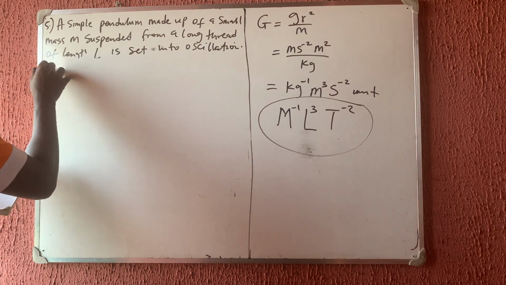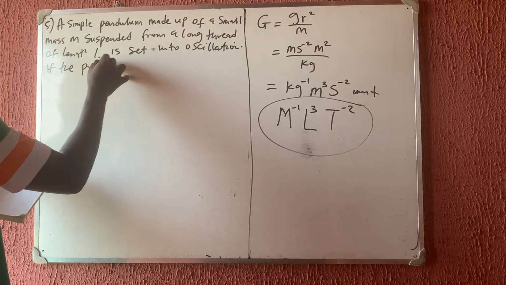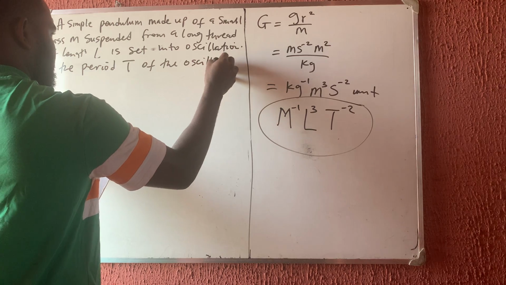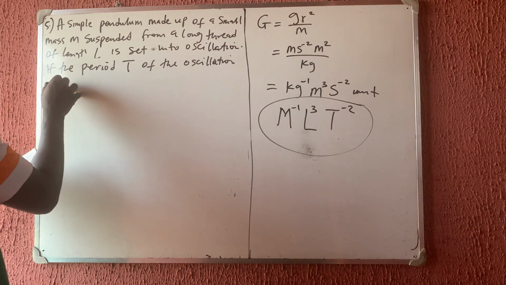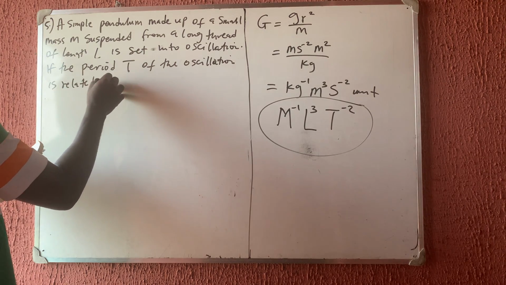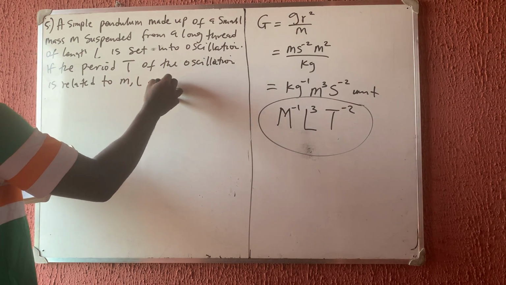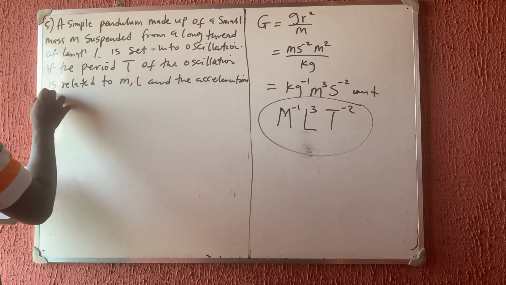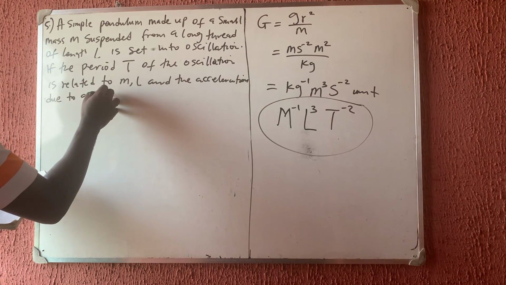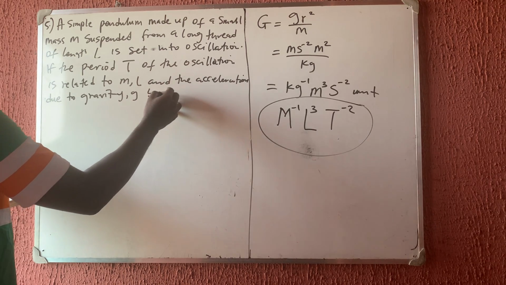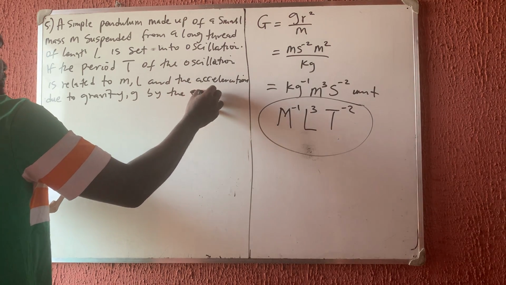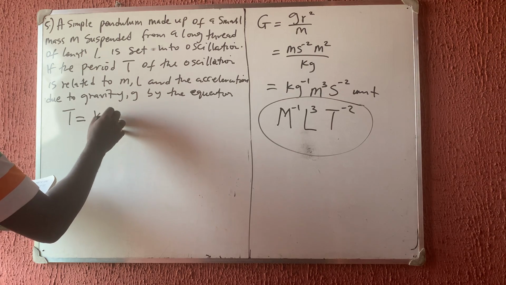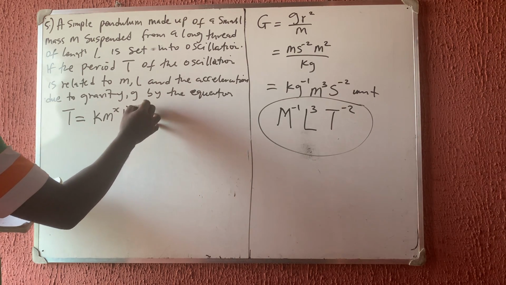Then I said if the period t of the oscillation is related to m, l, and the acceleration due to gravity g by the equation, they are related by the equation t is equal to k m raised to power x, l raised to power y, and g raised to power z.